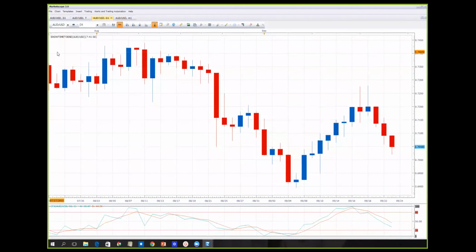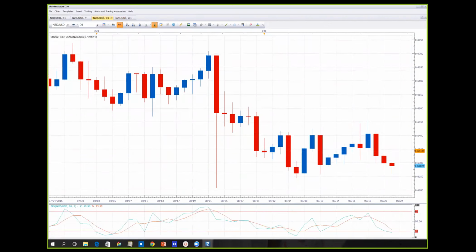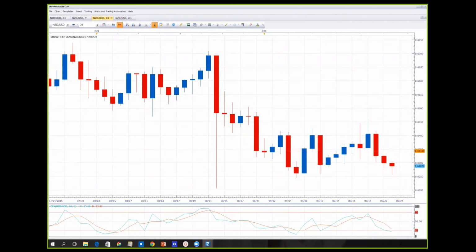Aussie US dollar. In my opinion, there's a possibility of buying back in pretty shortly, so I'm just currently waiting. Similar with Kiwi against the US dollar. This is also currently my favorite for short term to medium term.